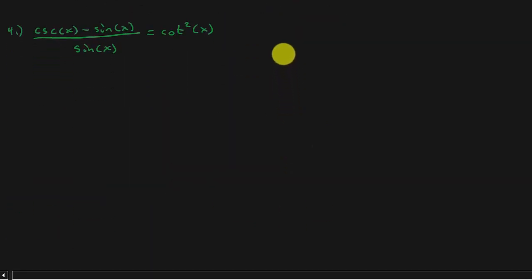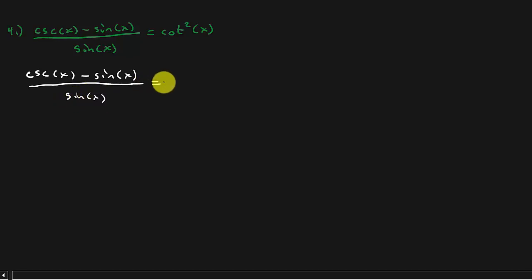All right, so how about this one? Well, the more complicated side looks like the left-hand side, doesn't it? So let's take cosecant x minus sine x over sine x. Write that in the middle. Over sine x.